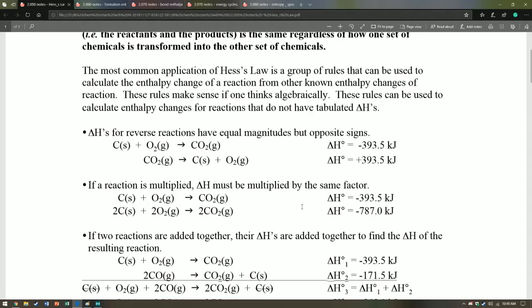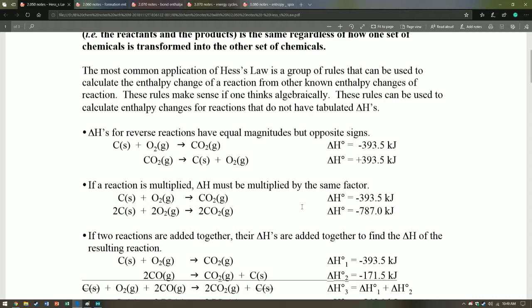Some reactions take a series of steps to go from your reactant to your product, and this is the perfect way to introduce it because it follows the law of conservation of energy. It doesn't matter how you go from A to B. The difference in potential energy between A and B is always the same.